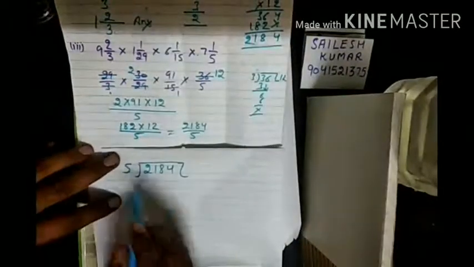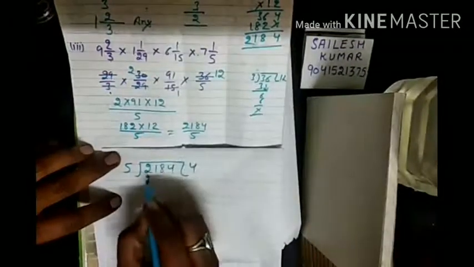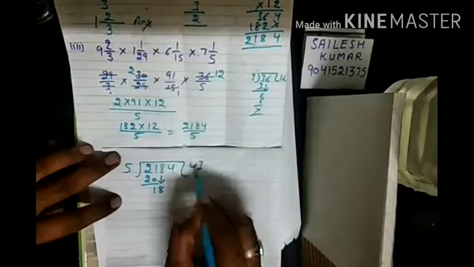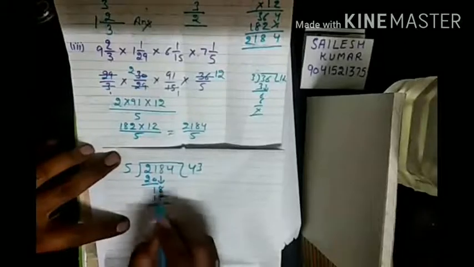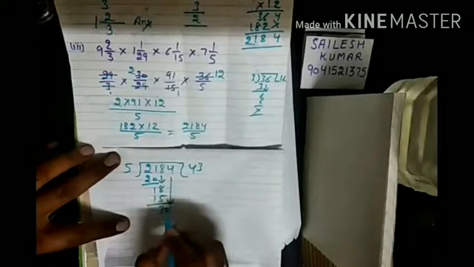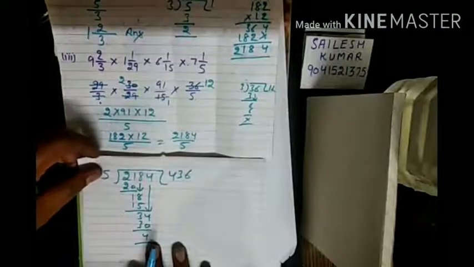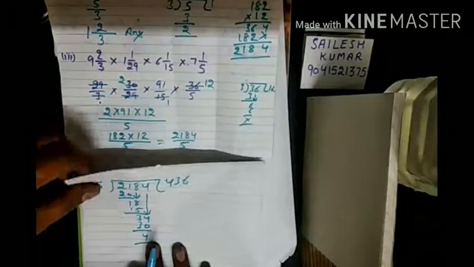Now 5 fours are 20, 1. Now 5 threes are 15, 3, 5 sixes are 30 and 4. Now the remainder is 4, the divisor is 5 and the quotient is 436.